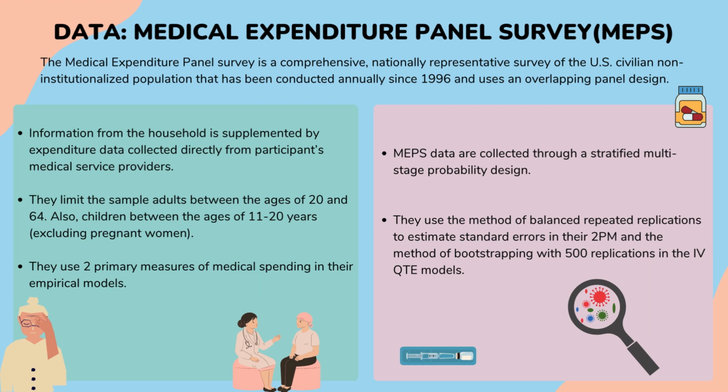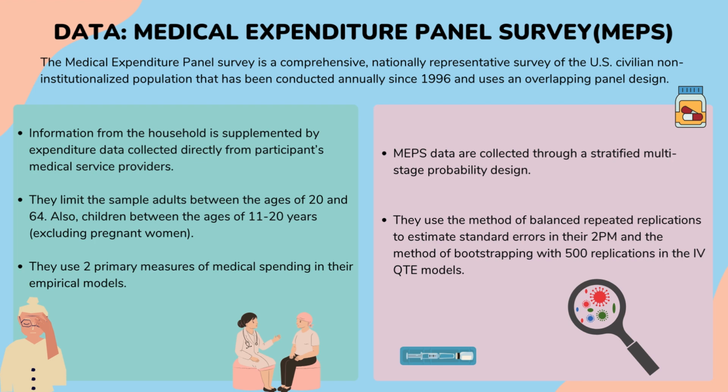Information from the household is supplemented by expenditure data collected directly from the participants' medical service providers. Moreover, they limit the sample to adults between the ages of 20 and 64, also children between the ages of 11 and 20, and exclude pregnant women.